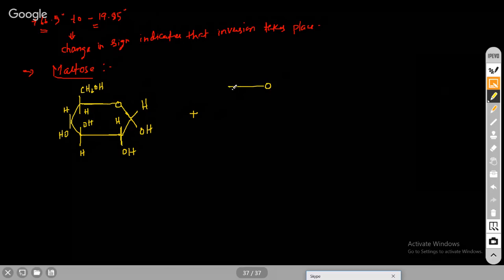So again the same structure we have to draw. OH on the bottom, H on the top, and then alternate. Fine. Now here you see which carbons are involved: C1 and C4, right?